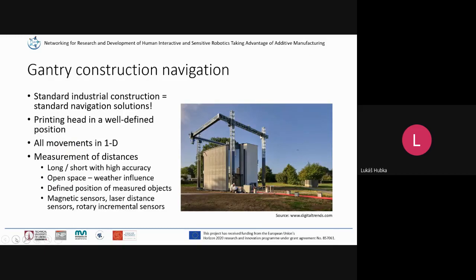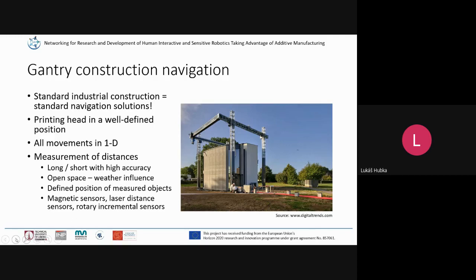I sorted the navigation, localization or measurement problem into categories divided by the construction of the printer robot. I am not so great at dividing as Jan was, so I selected only three main categories with the main potential, and with some significant marks in navigation.